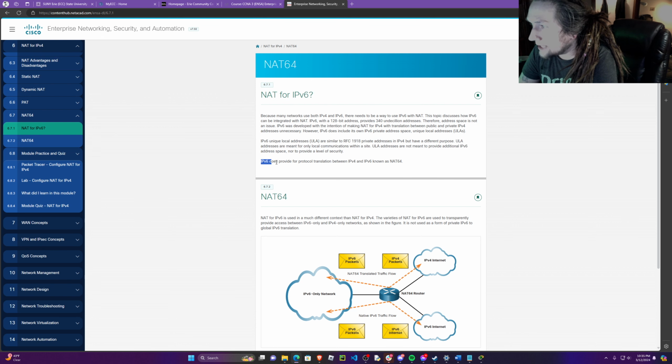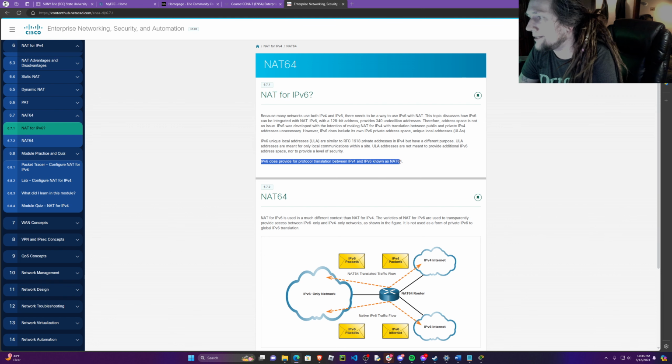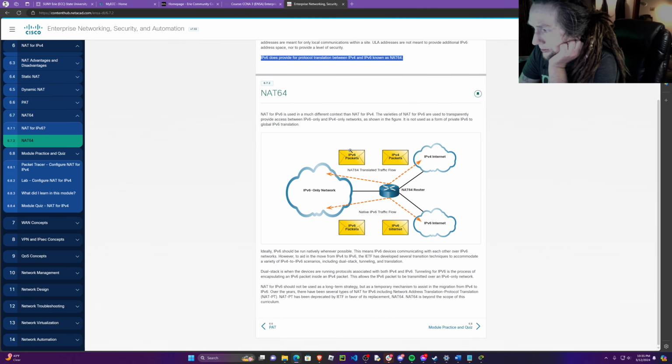IPv6 does provide for protocol translation between IPv4 and IPv6, and this is known as NAT64. Okay, so here's a brief description of NAT64.